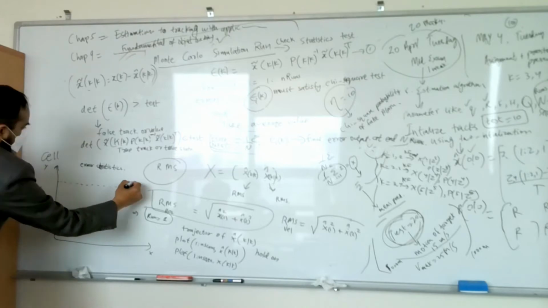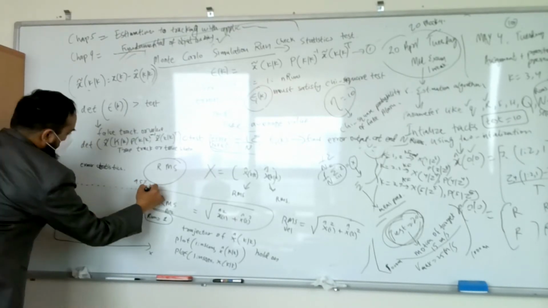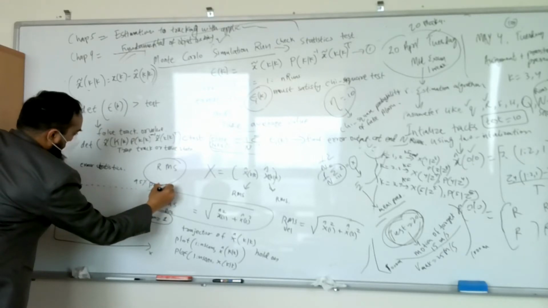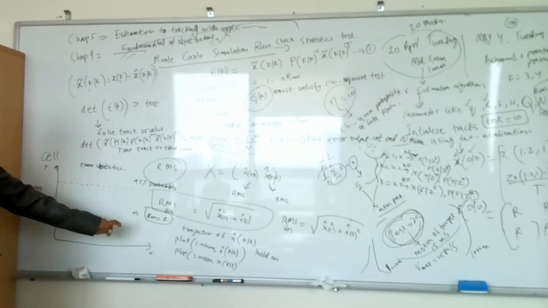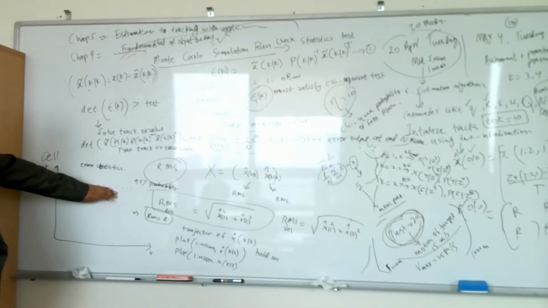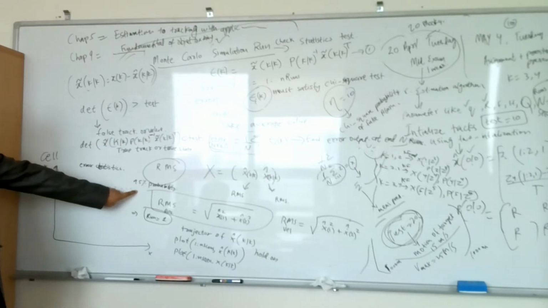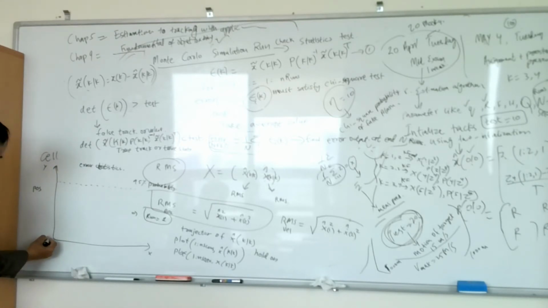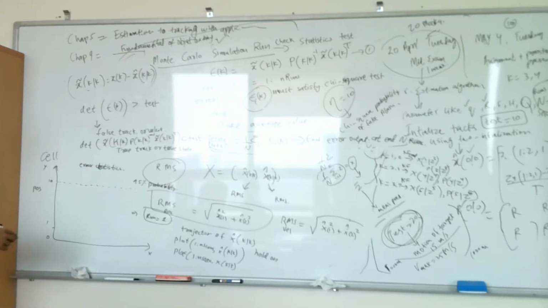So it sets a 95% probability that your error cannot exceed this line. This is your maximum line. For example, 0, 1, and here 10. For example, 1, 2, 3, and 10.